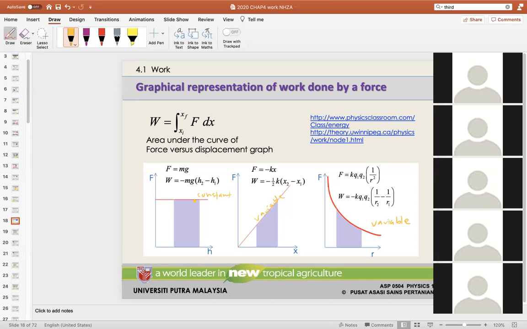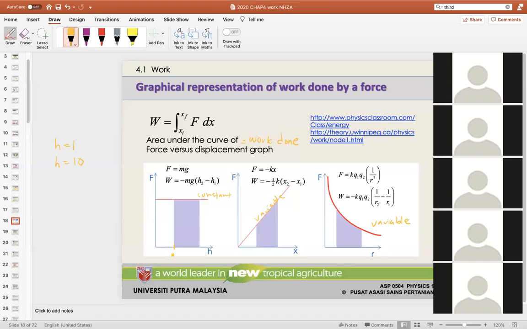So what in the world do these graphs tell us? The area under the curve is work done. For example, what is the work done from h equals 1 to h equals 10?